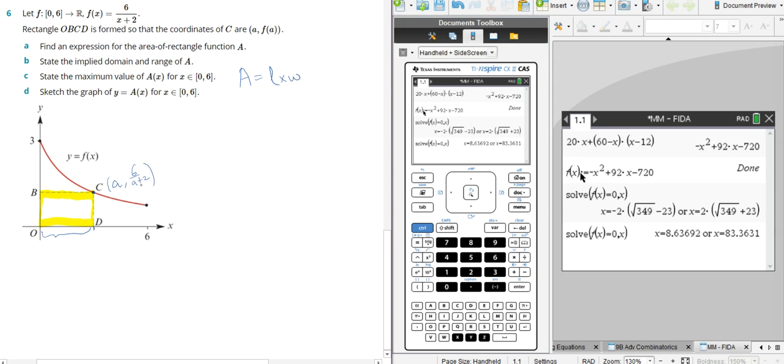So that's my coordinate for C. If C has an x coordinate of A, my length I'm going to consider as A. And for my width, which is my vertical height, that y value is just the y coordinate, which is 6 over A plus 2. So my area of the rectangle is going to be A times 6 over A plus 2.